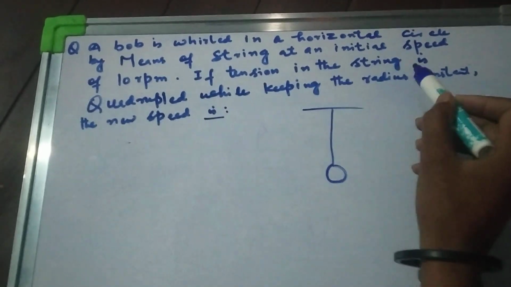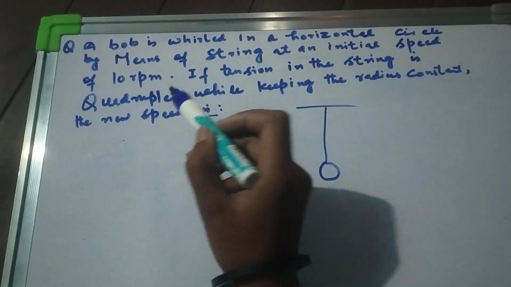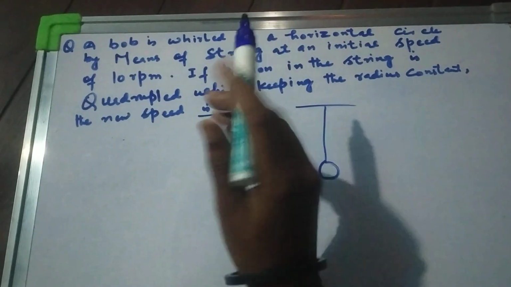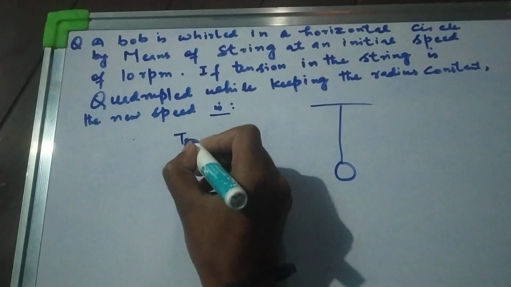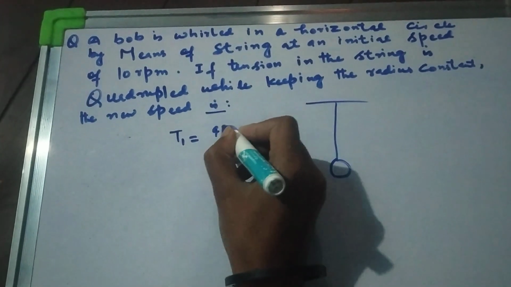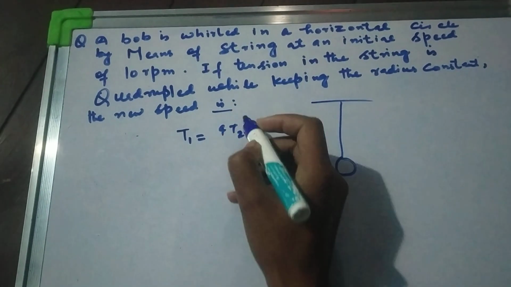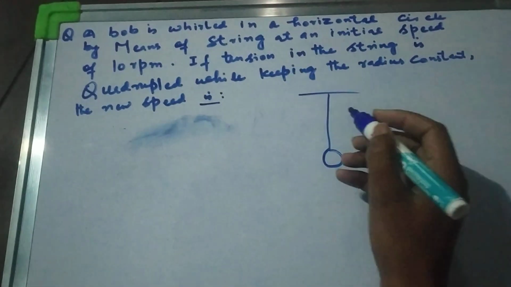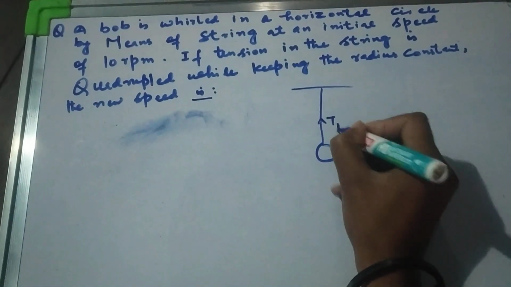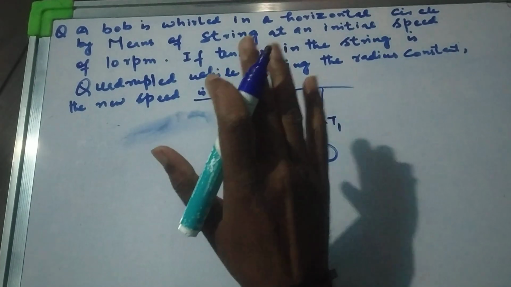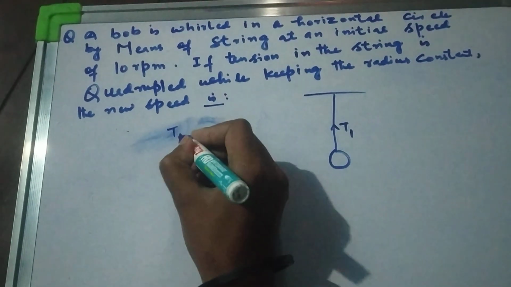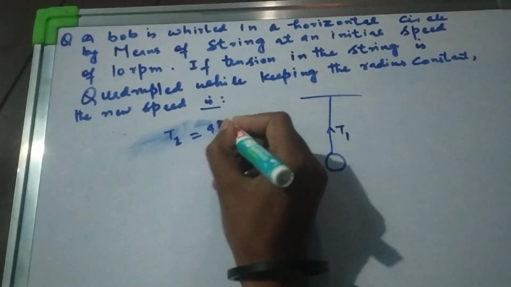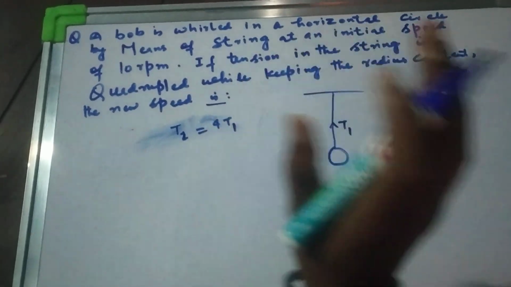If the tension in the string is quadrupled, that is, T2 is equal to 4T1. Firstly the tension is T1. When the tension increases, T1 becomes T2, which is 4 times T1.